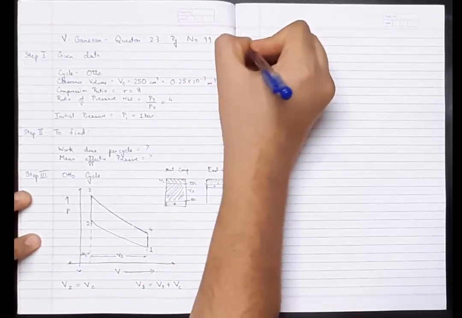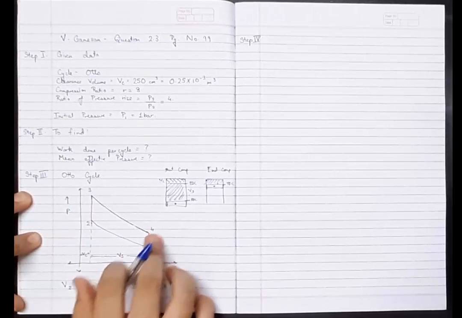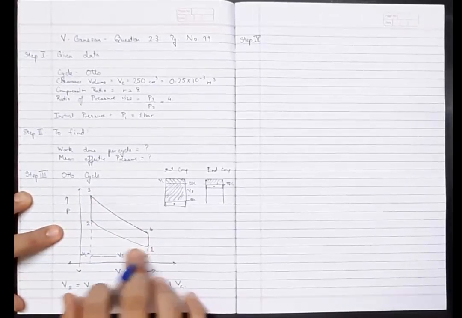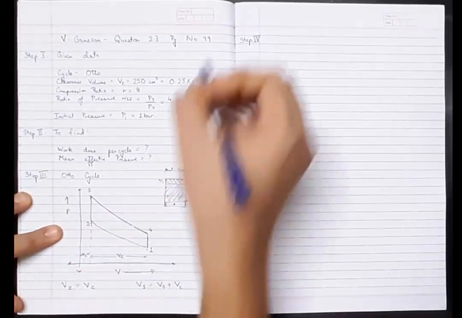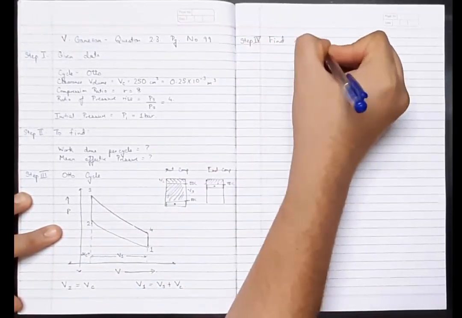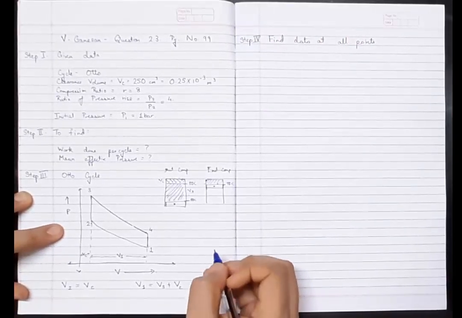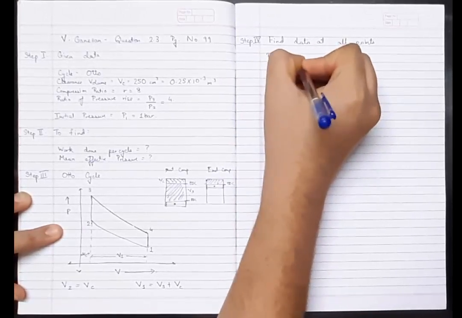In step 4, we start finding out all the important point values. In this case, we will find the pressure and volume at all these 4 points, 1, 2, 3 and 4. The initial pressure P1 is already given to us, which is 1 bar.